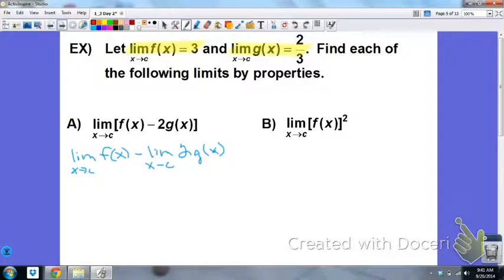We're not done with our properties yet because we can pull that 2 out. So we now have the limit of f of x as x approaches c minus 2 times the limit as x approaches c of g of x.